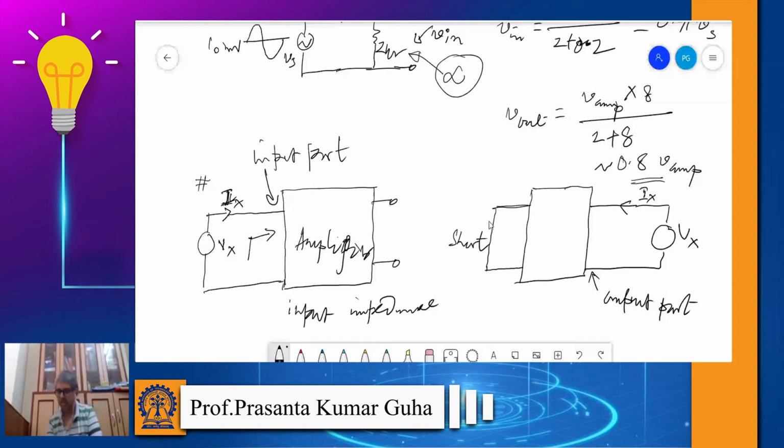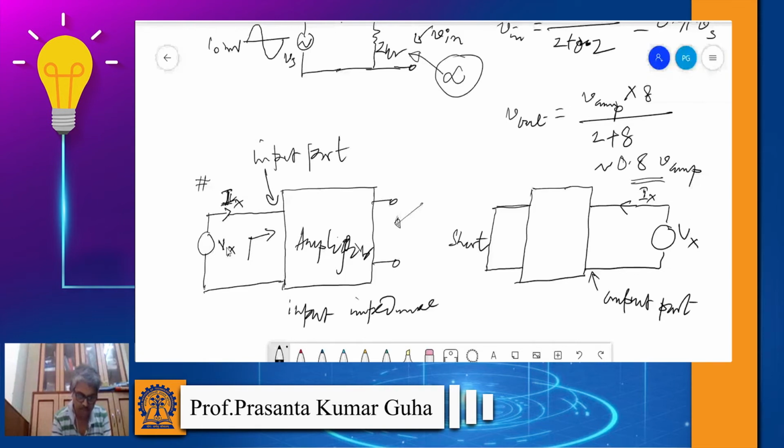This is the same thing you adopt when you calculate Thevenin impedance of a circuit, right? When we calculate Thevenin impedance, because there is no output signal we are applying, we open the load, put a test voltage and measure the current.